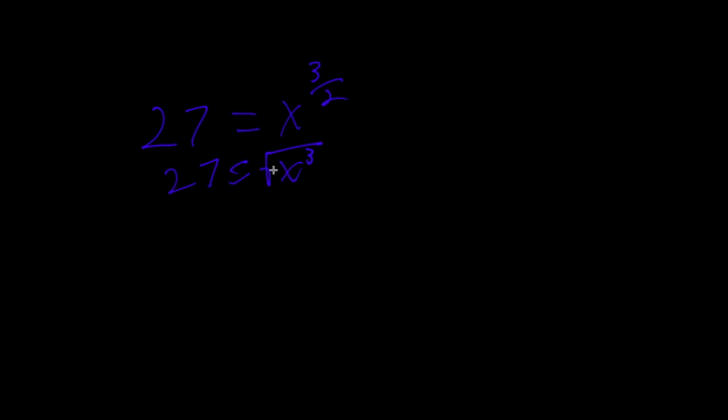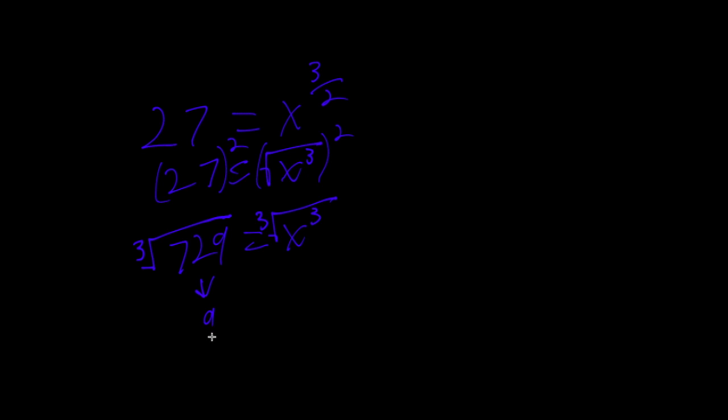Then, to cross over our square root, we will square each side. So we'll square and square. Then we will get 729 equals x cubed. So now we'll do the cube root to move that cubed over to where it needs to be. And we'll see that the cube root of 729 is 9. So x equals 9.